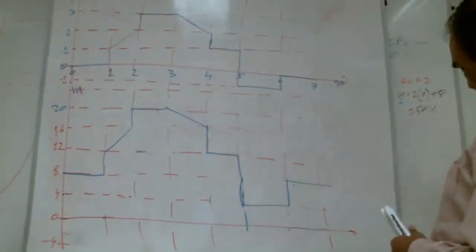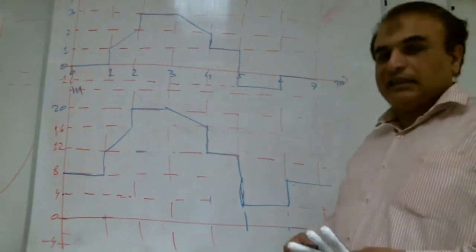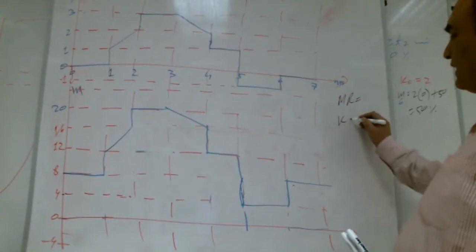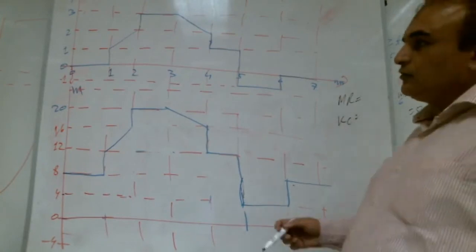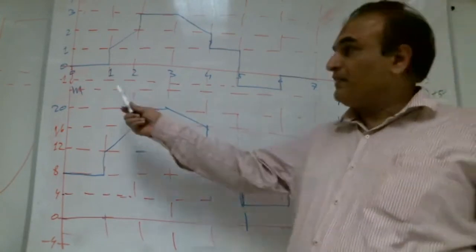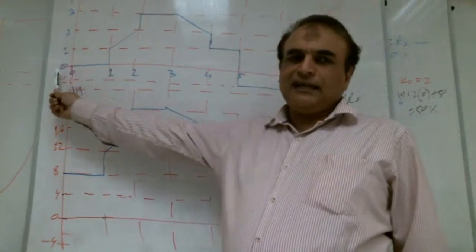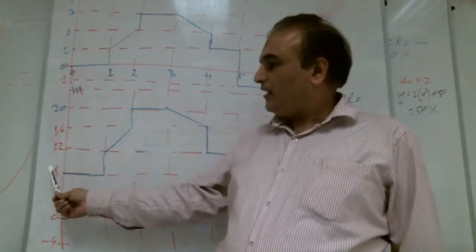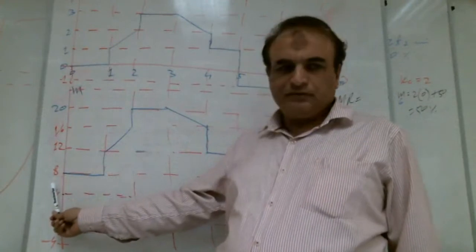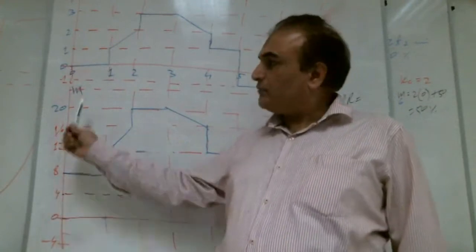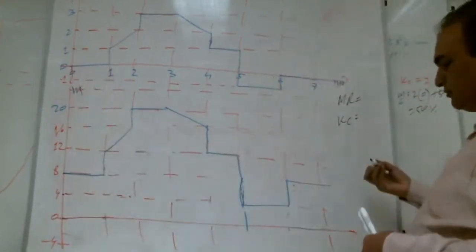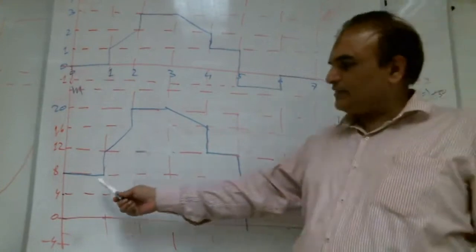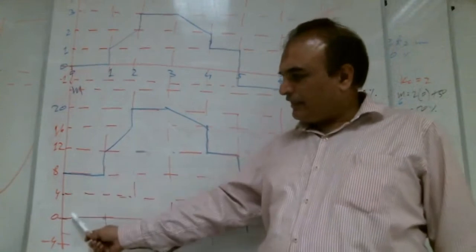Now, again, imagine this is given. Find the MR, 20 minus 8. Find Kc. Again, what will you do? The error is starting from where? 0. And the output is starting from 8. So it means 8 is the MR. As soon as you make it 8, bring it here.